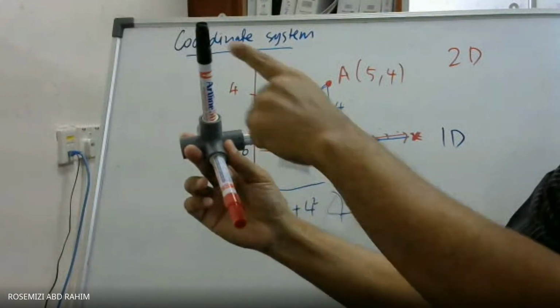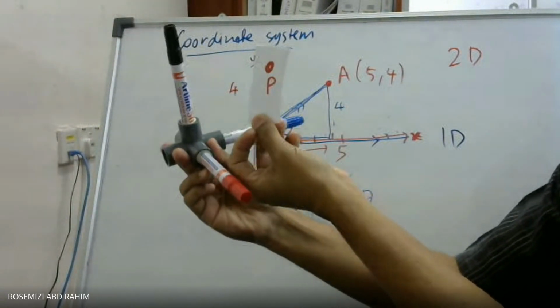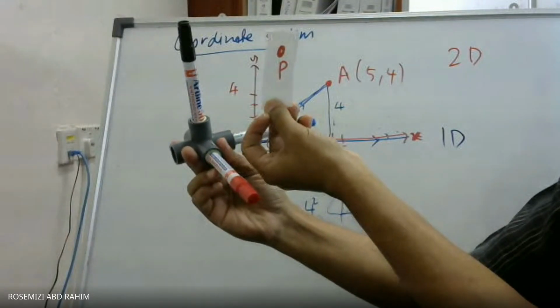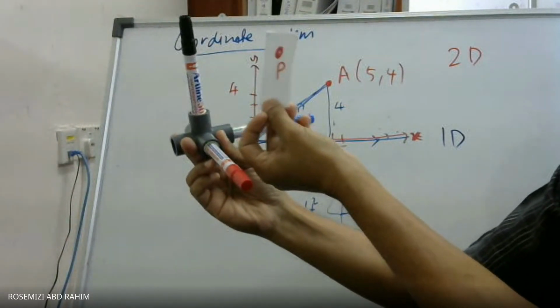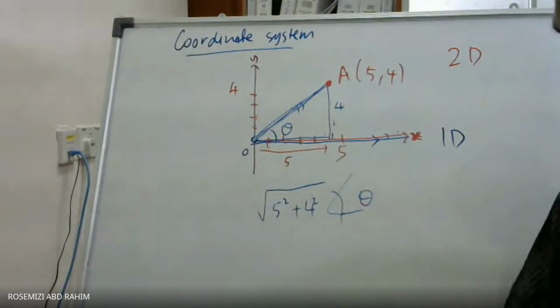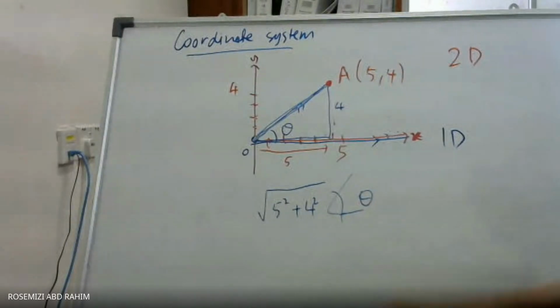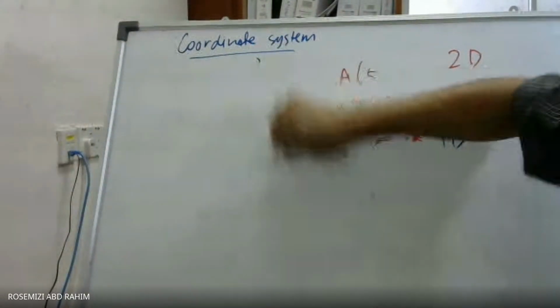X, Y, Z. Let's say our point is in between at the center of this one. So how to determine the location for this P? By using Cartesian coordinate system, we can determine the location for that P.